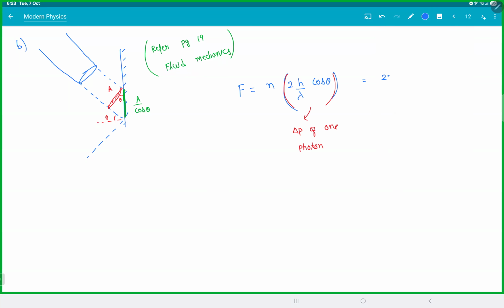Then this will be 2n, multiply and divide by c. Then hc by lambda becomes the energy of one photon, which is nothing but power.